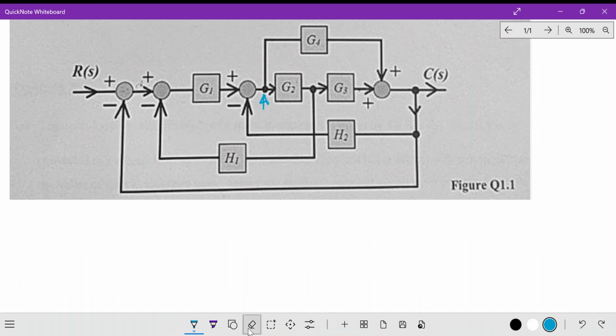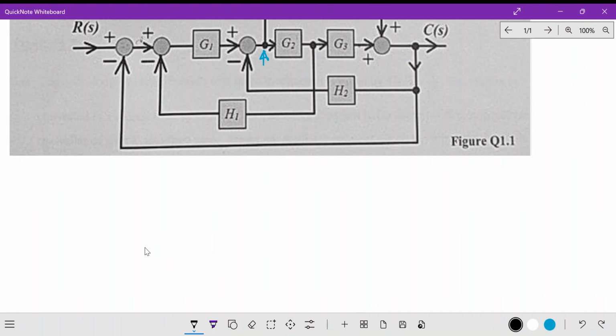So let me just draw the block diagram the way it is. I have two summing points here. This is a summing point. I like using these symbols for summing point. Another summing point here, and then you have a block. This block is G1, and then you have another summing point, and then you have another summing point.